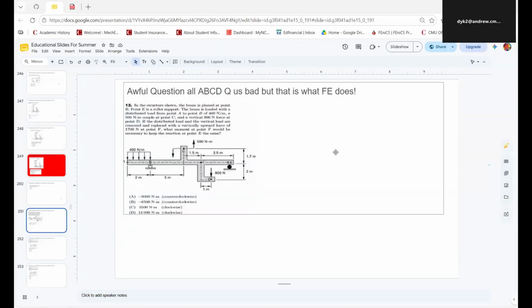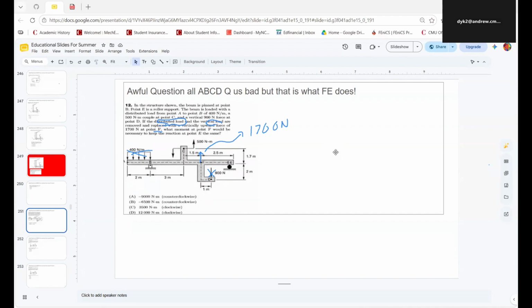Over here, it says that everything is deleted and replaced with a vertical force F. So what is deleted is the question. It says if the distributed load and vertical load, so it means this and this are deleted and replaced with a force of 1700 newtons. I'm assuming that means upwards, right? He said upwards?